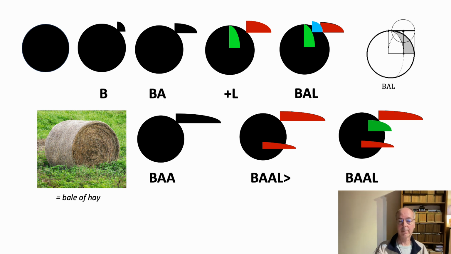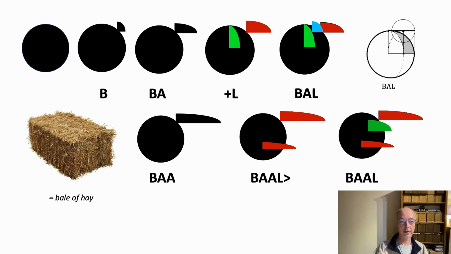The BAL is the bale of hay, as you know it, and it has a round form. It is actually about sticking hay together in a kind of wheel.